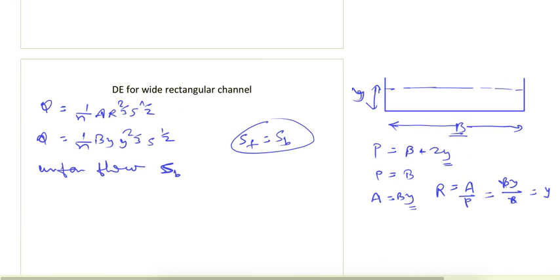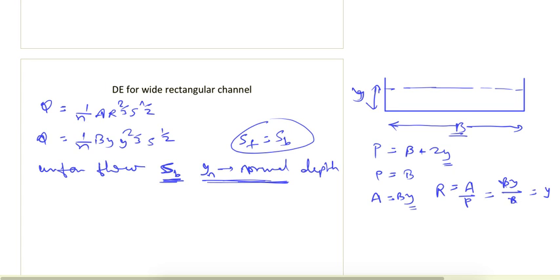So the slope of energy line is equal to the bed slope, and for uniform flow the depth we denote as yn, which represents the normal depth, which is nothing but the depth corresponding to uniform flow.